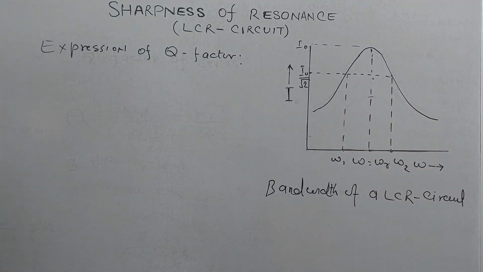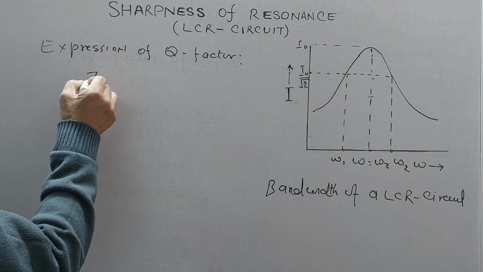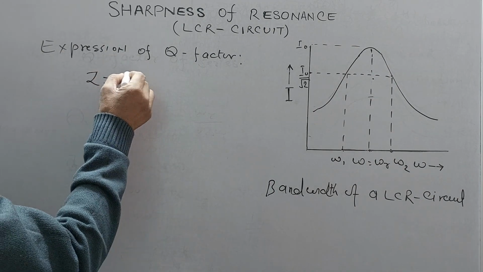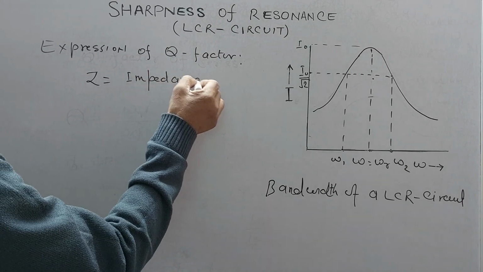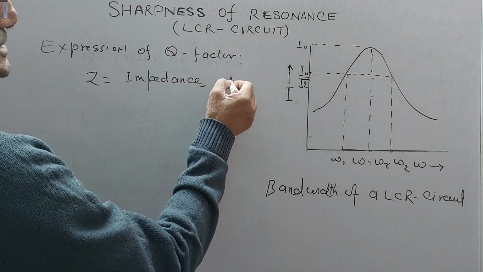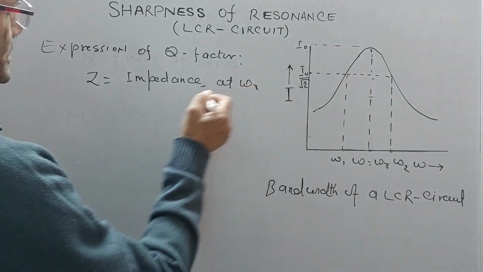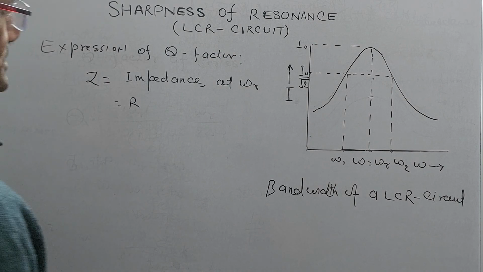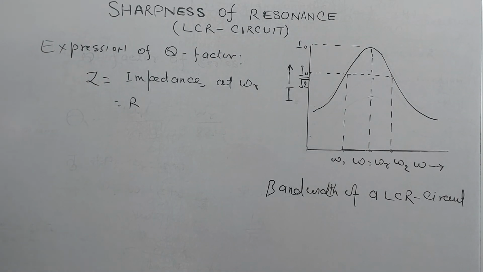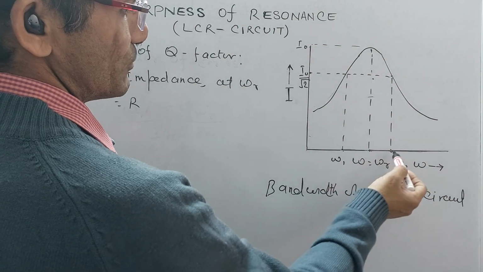Now first of all, we know that impedance we generally represent by Z. Impedance at resonant frequency will be just the ohmic resistance. But what would be the impedance at the frequencies omega 1 and omega 2?